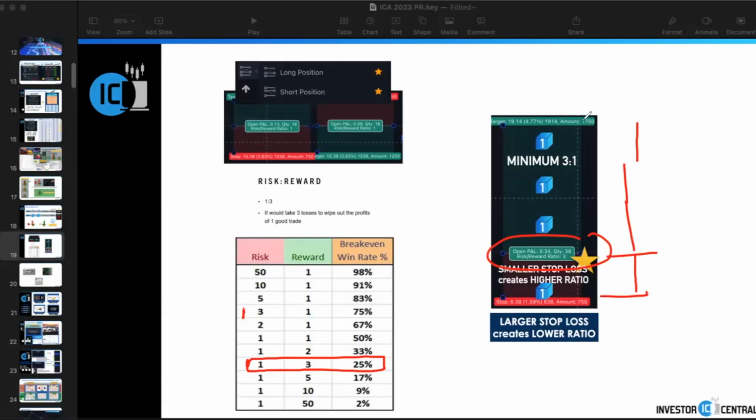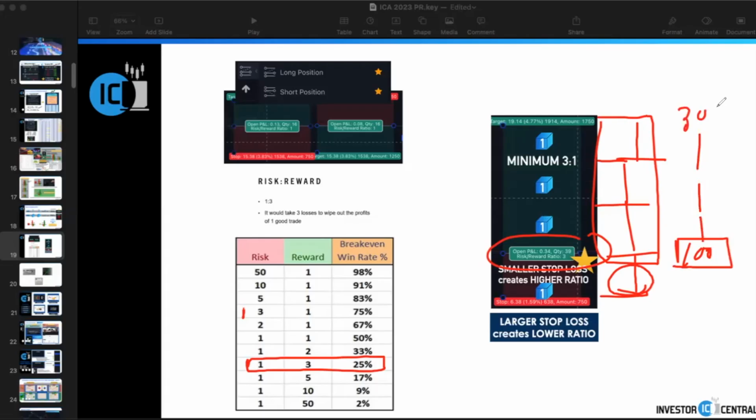Think of it this way. I mean, casino, we're going to try to get away from the casino type of analogy as soon as we can. But one of the easiest ways to think of this is, let's say you're playing blackjack and it's $100. What if every hand you could potentially make $300 by only risking $100?